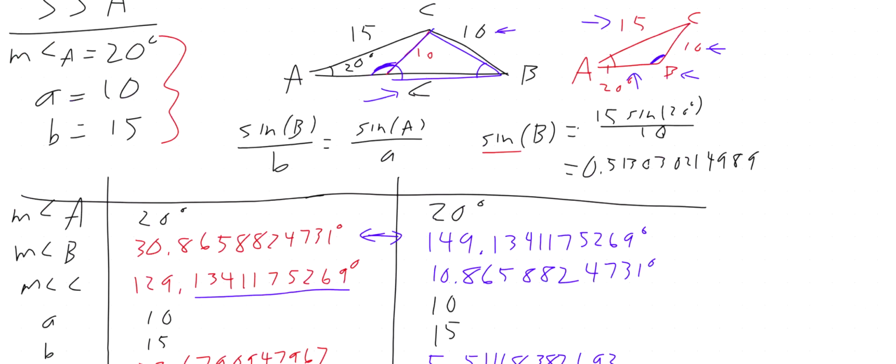If you would take both of our angles of B, and do the sine of 30.86 and the sine of 149.13, you're going to get the same result. So we used an arc sine here, but arc sine only gives acute angles, either positive or negative. It never gives you the obtuse angle. So whenever we do a law of sines with an arc sine in there, we never know if it wanted the acute or the obtuse.